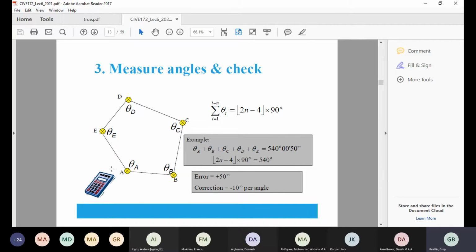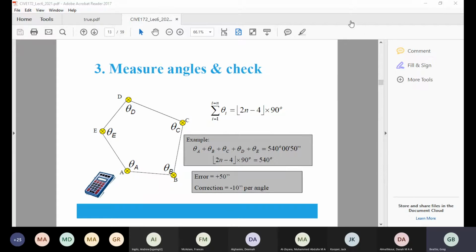But for the purpose of the practical, the area is small. You don't need to know the distance between the stations. That's not relevant to this practical. It will all tie in when we actually do the full traverse in a few weeks' time. Possibly that may be the first week back after Easter.